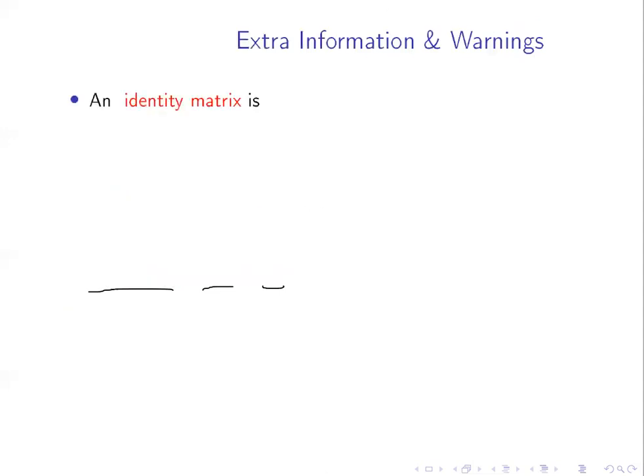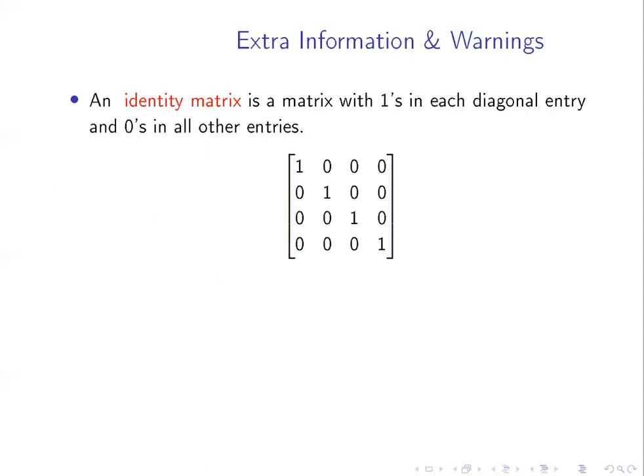Now, here's an extra couple of pieces of information and warning that I do want to hit on. We have a key matrix that we love called the identity matrix. It is a square matrix with ones on every diagonal entry and zeros everywhere else. It's kind of like multiplying a vector by 1.